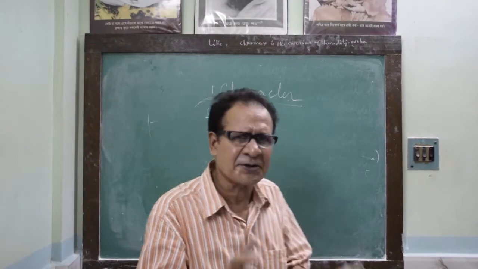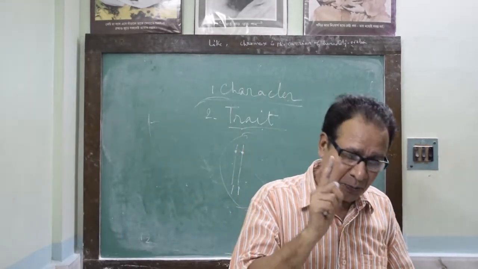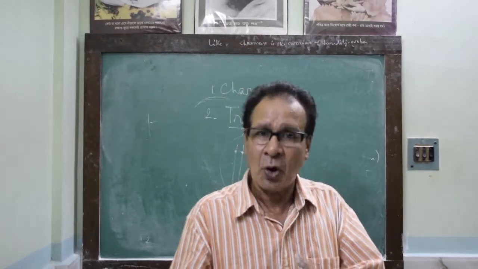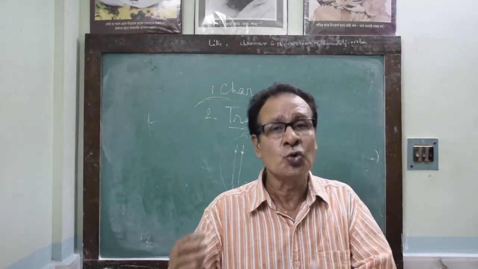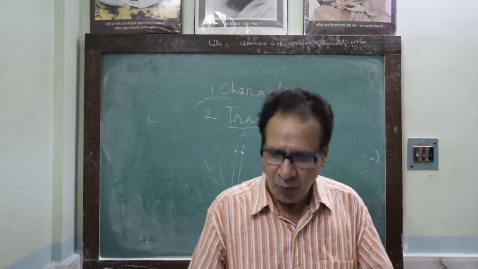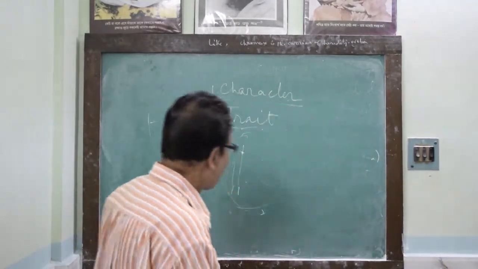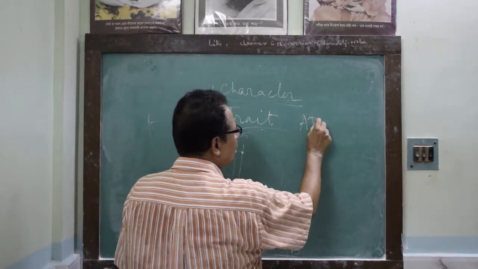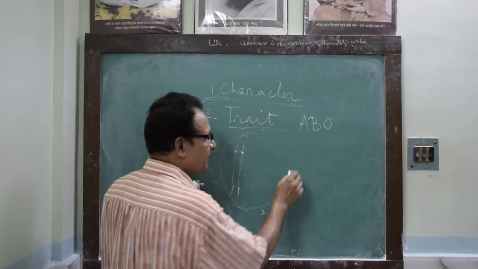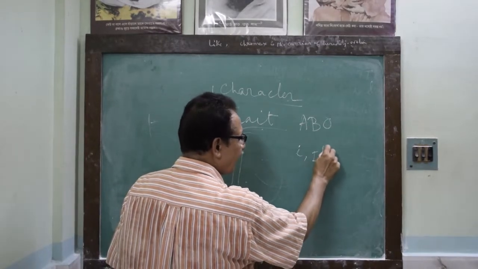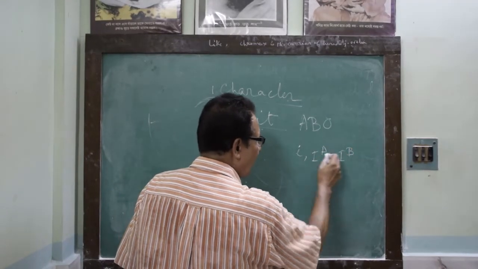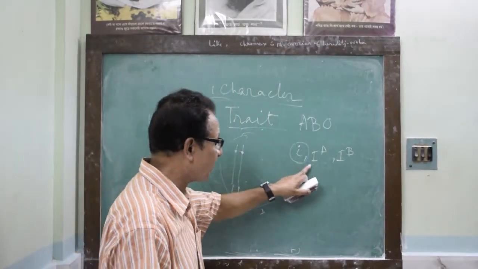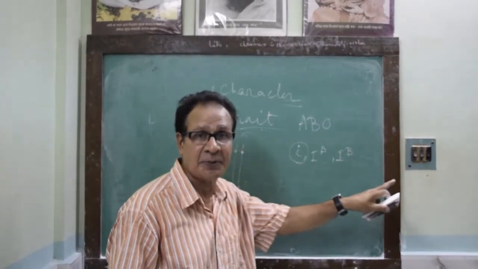Almost all characters have two alternates, but if mutation occurs more than once in a gene, then more than two alternate forms appear. For example, the human blood group ABO is controlled by three genes, I, IA and IB. I is the Y gene from which, by two types of mutation, IA and IB arise.